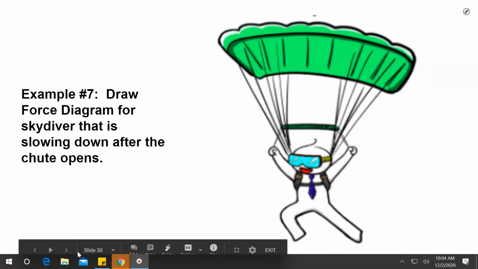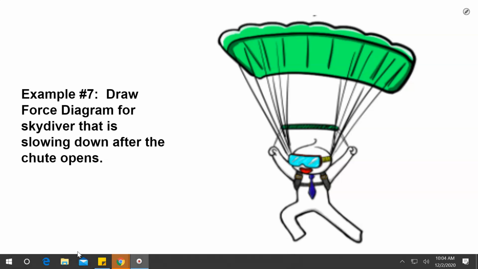So example number 7 is the skydiver who is slowing down after the chute opens. We are going to look at just the skydiver here, so we have to look at what is touching him. It looks like it's the ropes. So we know there's force gravity acting on the skydiver, which is pulling him downward. And then all of these ropes we're going to treat together as just one unit.